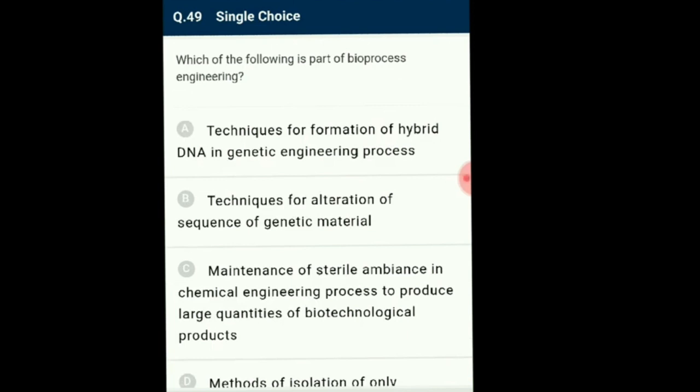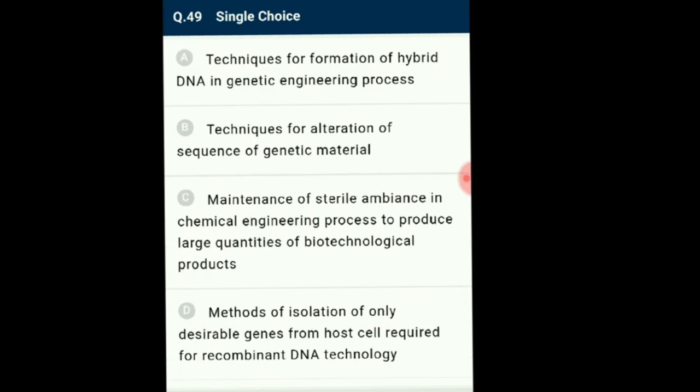The following is part of bioprocess engineering. Option A, modern biotechnology: one is genetic engineering. It involves techniques to alter the chemistry of genetic material, either DNA or RNA, to introduce these into a host organism and thus change the phenotype of the host organism.